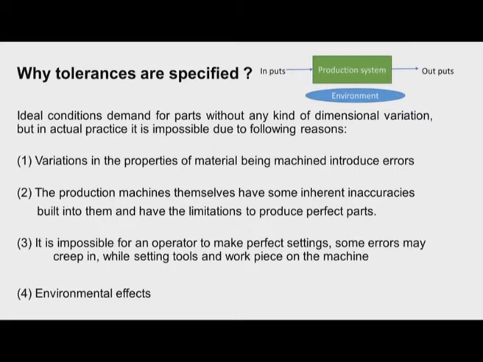So because of these inaccuracies, the size of the workpiece produced will vary. And then it is impossible for an operator to make perfect settings, like the setting of the cutting tool, setting of the machine tool, and we may always make some mistakes while setting the tools. Because of that, the inaccuracy in the workpiece is introduced.